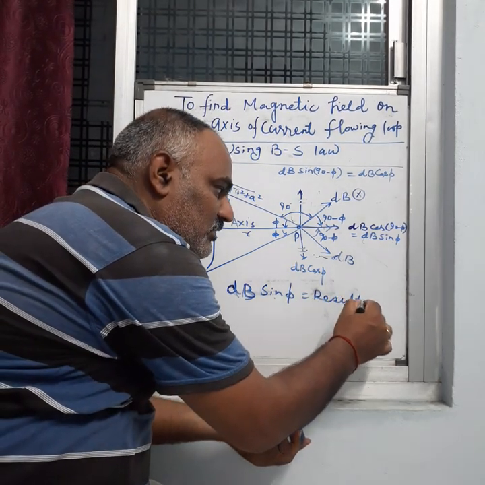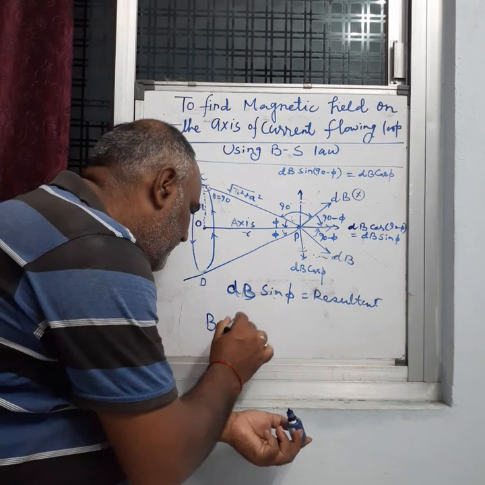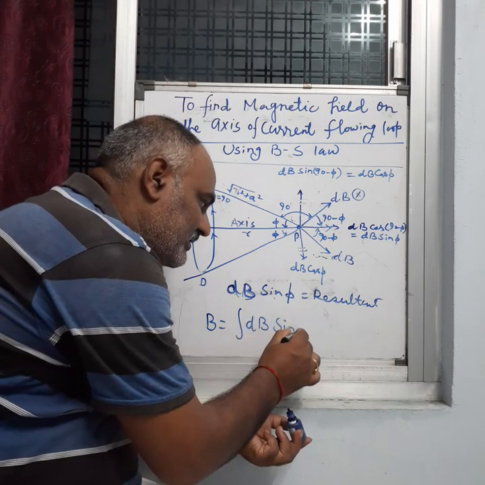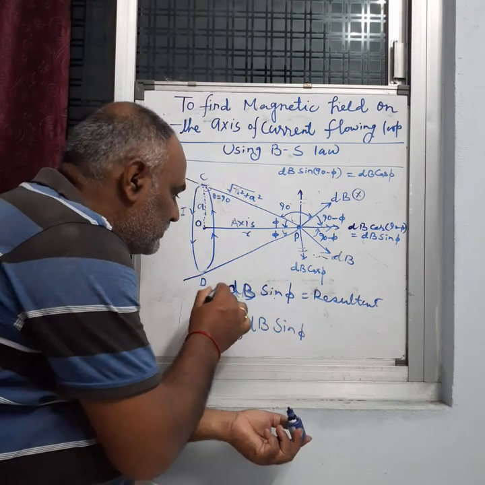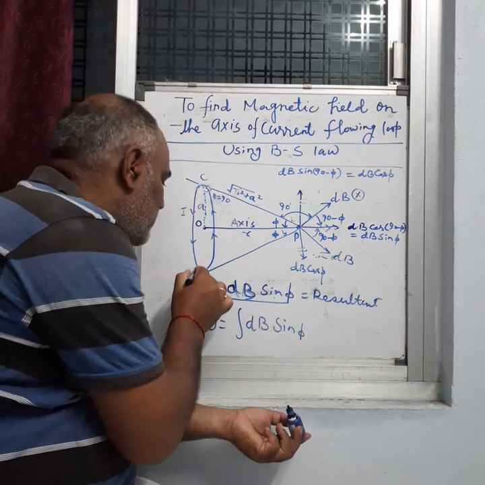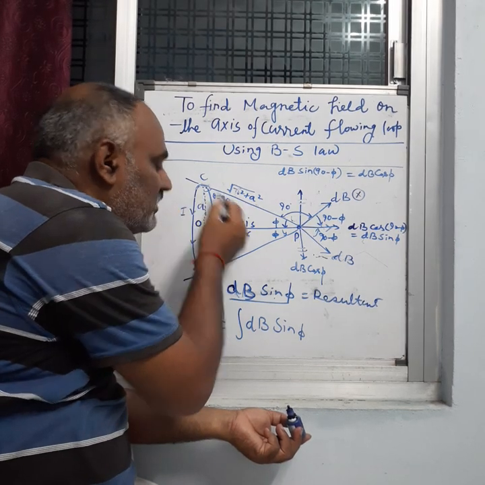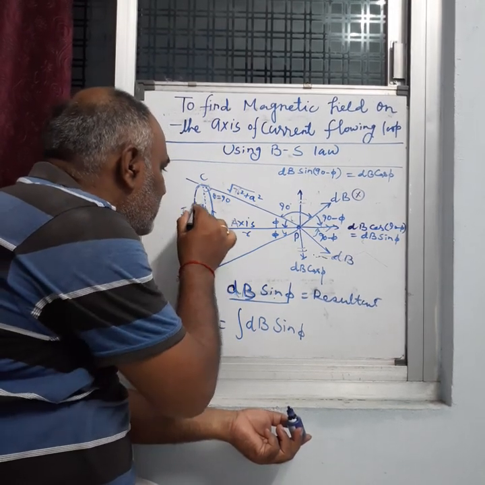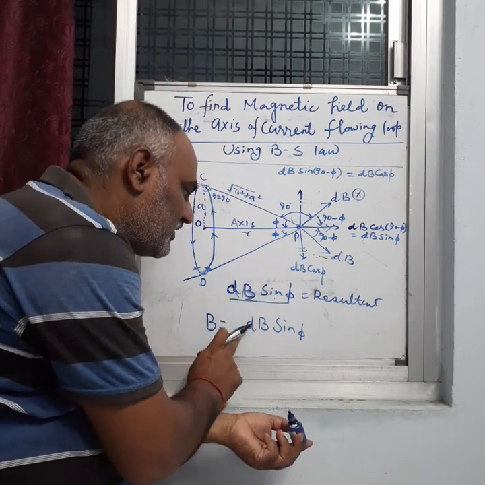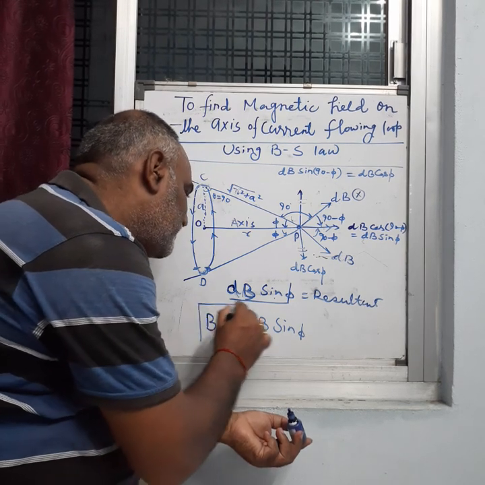Since this is because of this length dl and that is because of the opposite length, the total magnetic field will be the integration of dB sin phi, or you can say the summation. So this is the main reason.